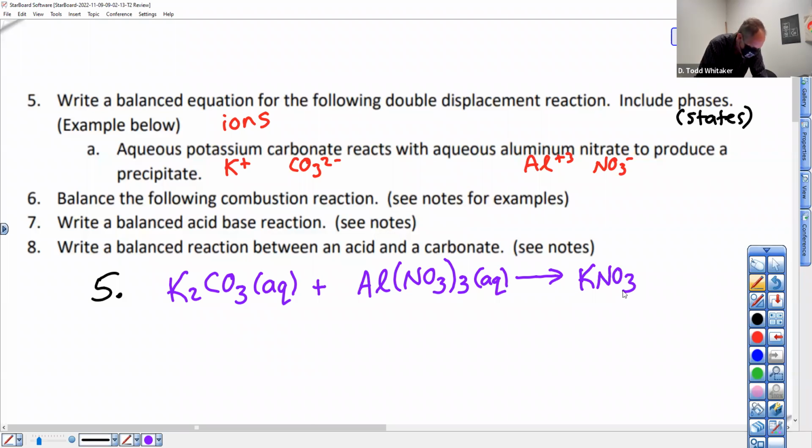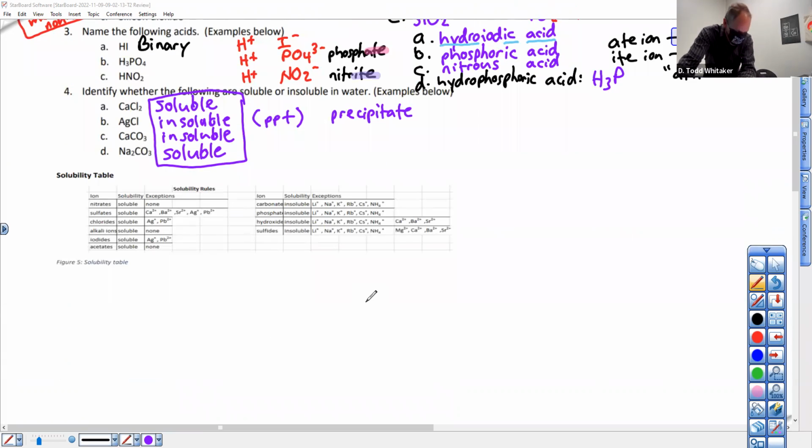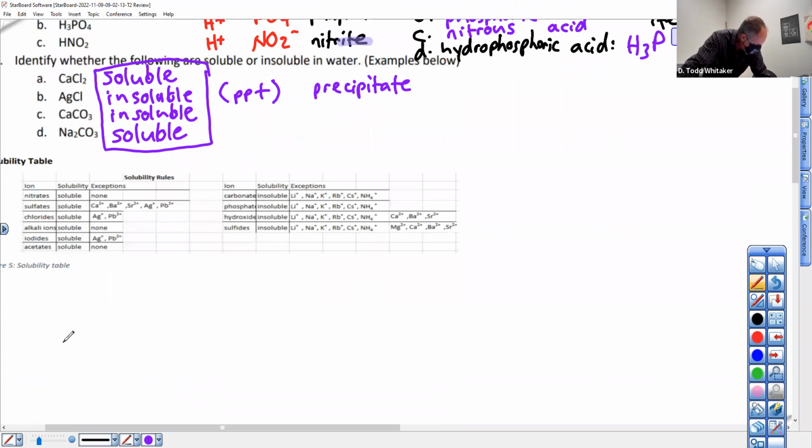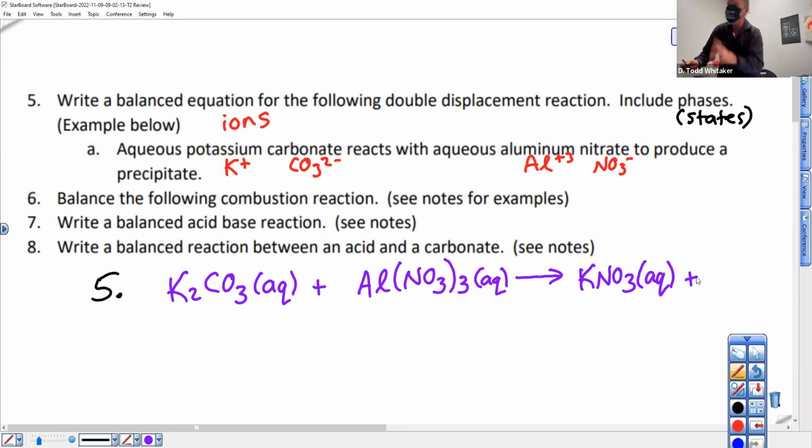Well, it's in the rule down here. Blow them up a little bit. Nitrates are all soluble without exception. So you're writing aq, right? The last one's a precipitate, but do the work.